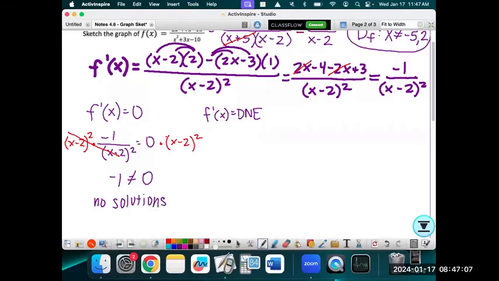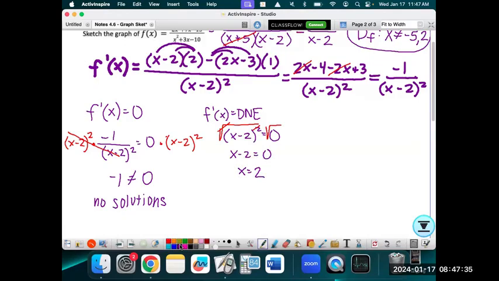So let's look at where our first derivative doesn't exist, because we have a rational function, that is going to happen where the denominator equals 0. So we get x minus 2 equals 0, which would be x equals 2.